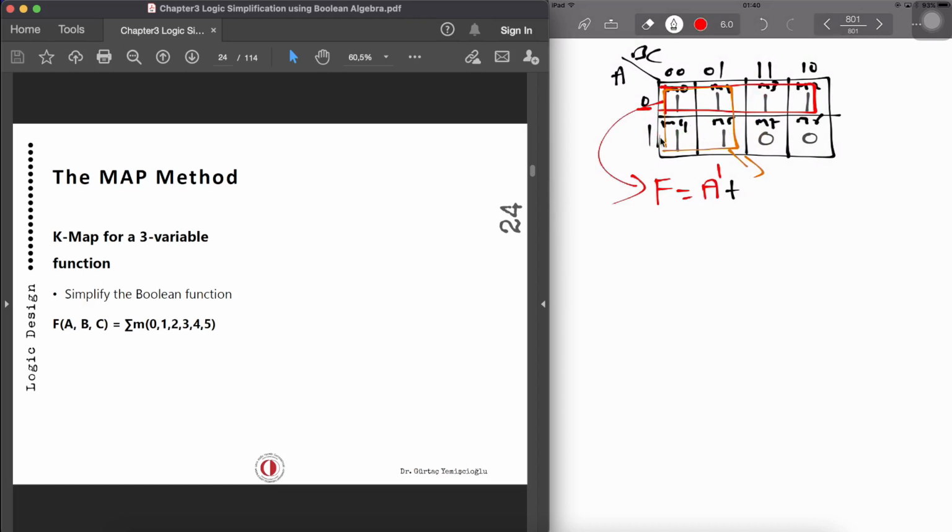Now, A is changing 0 to 1 at this point. What is not changing? B is 0, stays 0. C is 0, changing to 1. So I can clearly see that B is always 0. So I can say this is B prime. That's it. This will give us the solution.